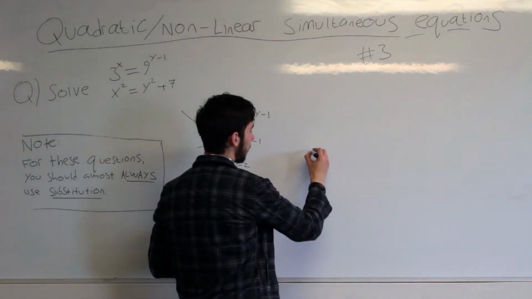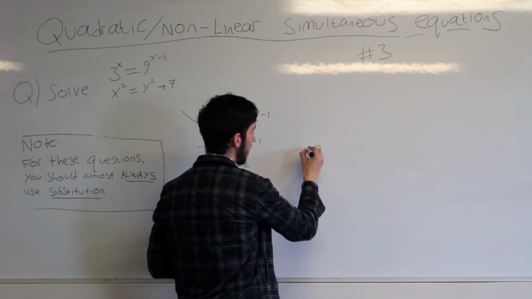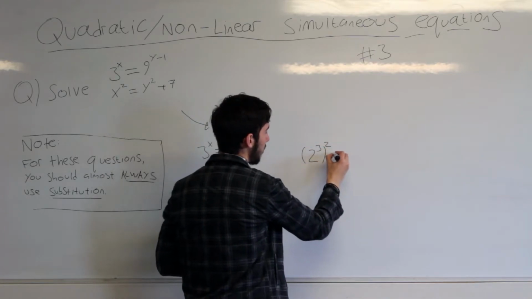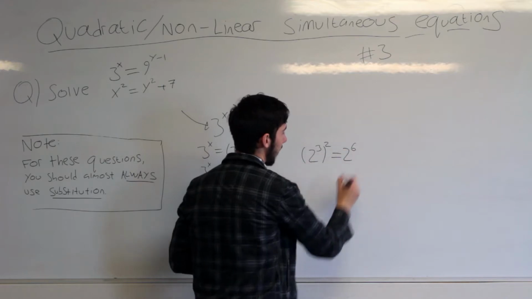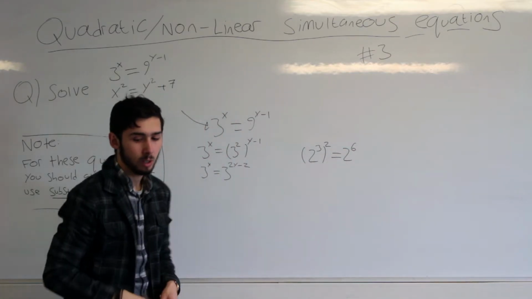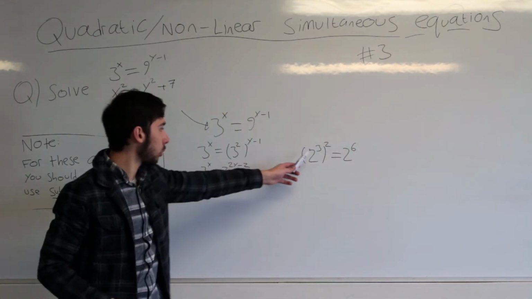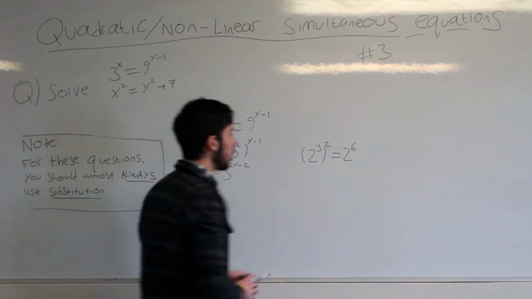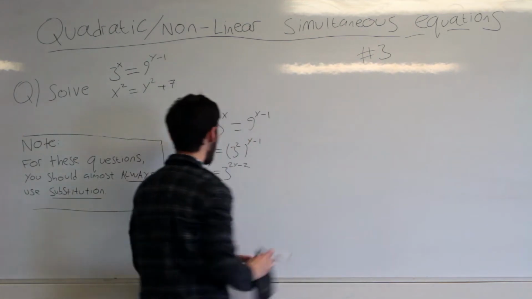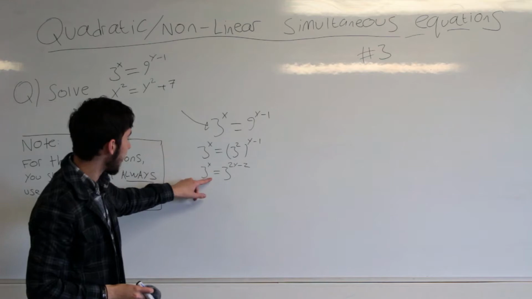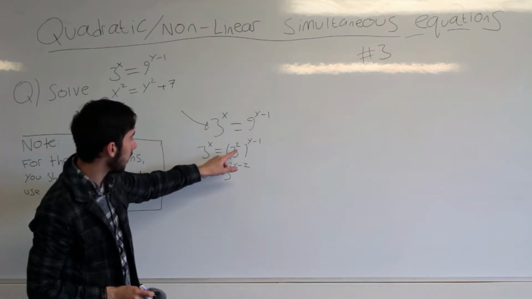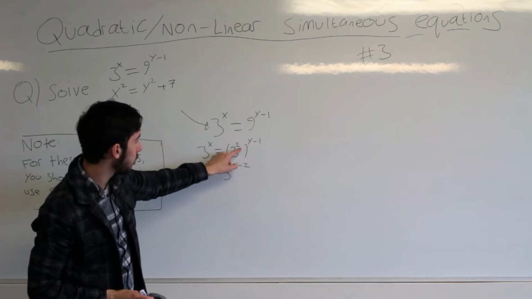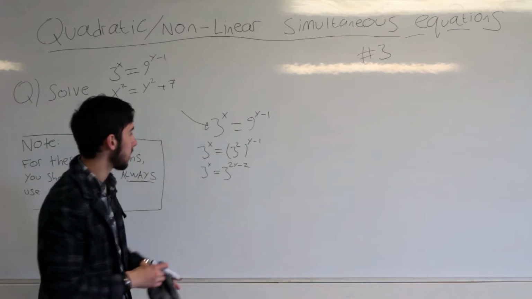Here's an example: 2 to the 3 to the power of 2 is 2 to the 6, because you do 3 times 2. It's the same thing. We're saying 3 to the x is equal to 3 to the 2 times y, 2 times minus 1. So it's like expanding out.